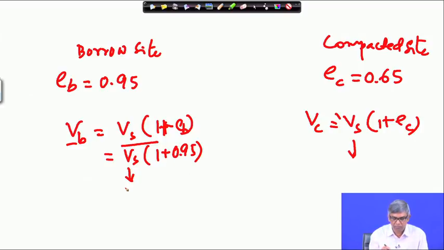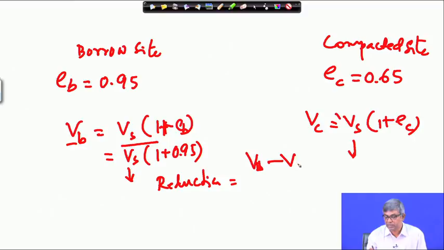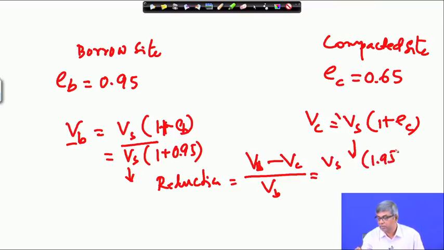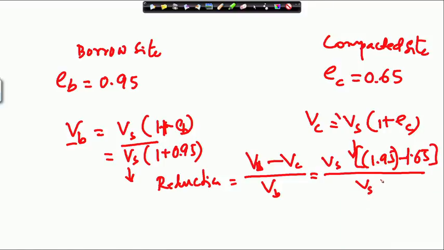So, reduction in volume will be equal to borrow site volume, which is more, Vb, minus compacted site volume, which is less, divided by Vb. If I do this, then it becomes Vs into 1.95 minus Vs into 1.65, divided by Vs into 1.95.